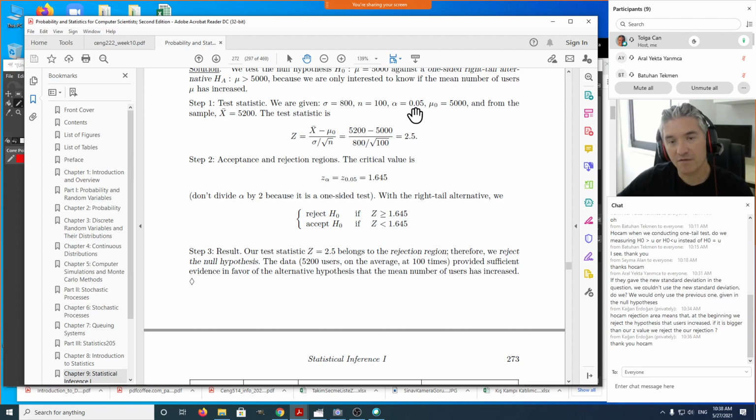Having alpha 0.2 means that 20% of the population is considered extreme, and even a small evidence will put your sample in that extreme case, and you will be labeling it as abnormal.